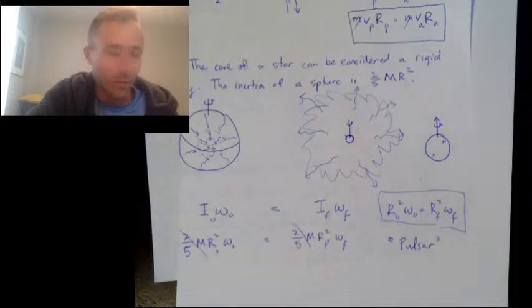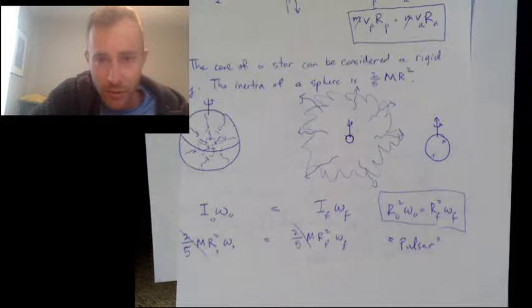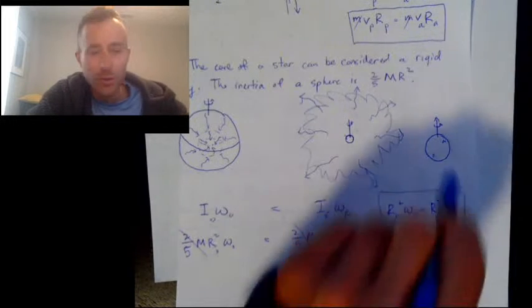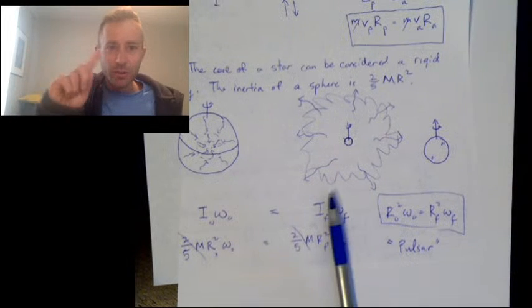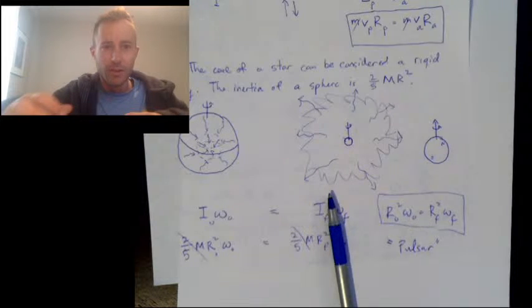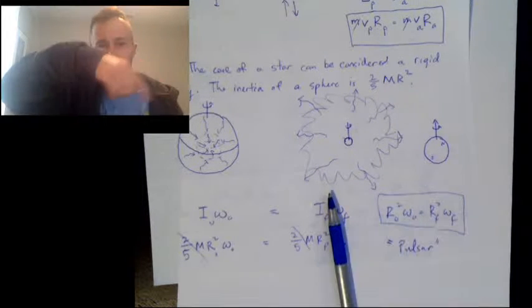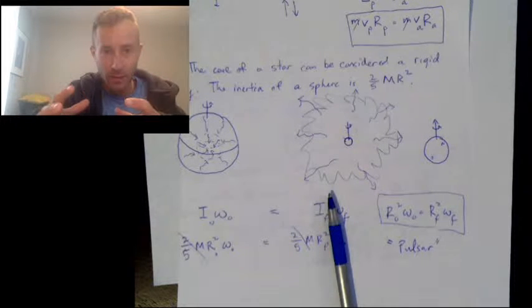And actually, one of the tests of general relativity, Einstein's theory of general relativity, has to do with neutron stars. It turns out that a spinning neutron star gives some of its energy to space-time. And as it gives some of that rotational energy to space-time, the neutron star slows down.